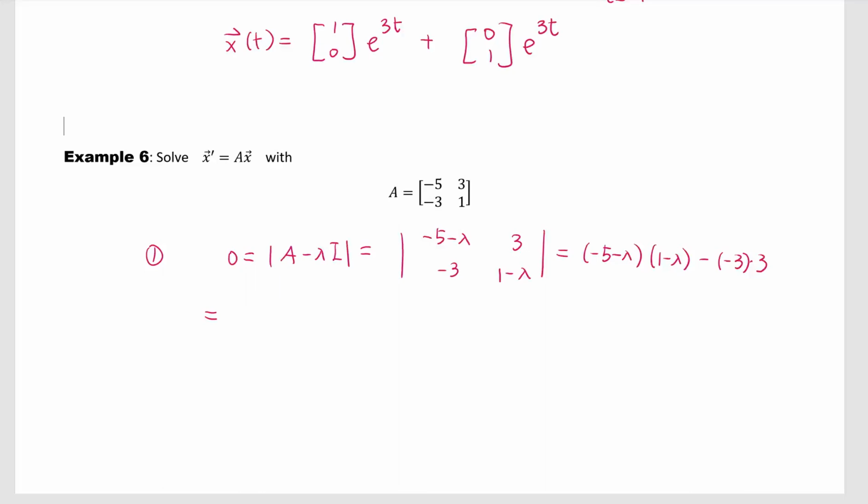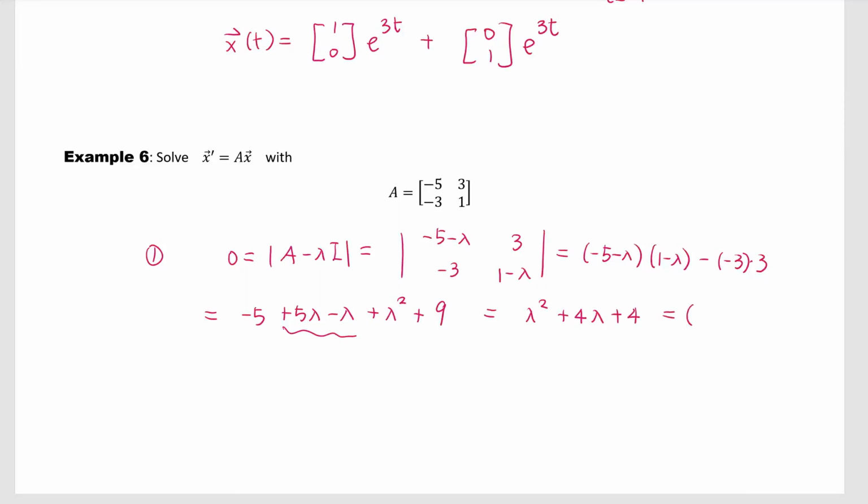-5 times 1 is -5. -5 times minus lambda is plus 5 lambda. Negative lambda times 1 is negative lambda. Negative lambda times negative lambda is positive lambda squared. Minus negative becomes positive 9. Let's reorder it. So we have lambda squared, 5 lambda minus lambda is 4 lambda, 9 minus 5 is 4.